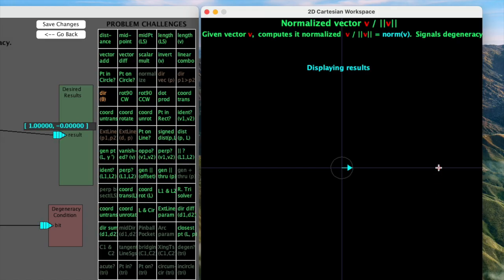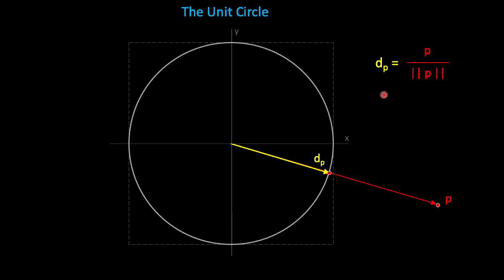All this done all computationally through a very simple calculation. What we're doing to get this direction vector, the yellow direction vector, is to normalize the point vector P. And so we're just essentially scaling it by 1 over its length.